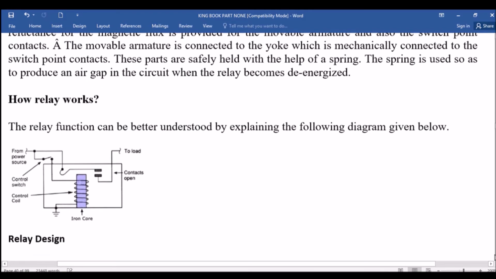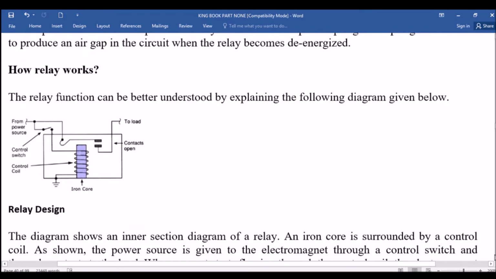You see this diagram, from the power source, then this is our control coil. We saw above, this is a ground, this is a source of power. Our winding, or our control coil, is wound on an iron core.